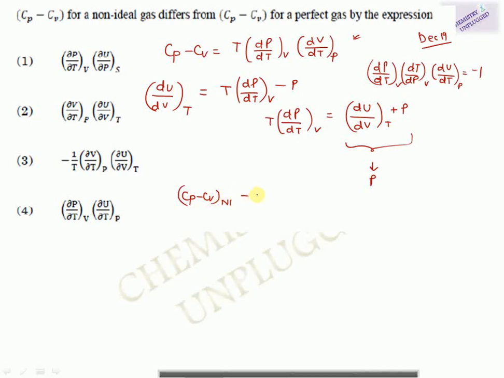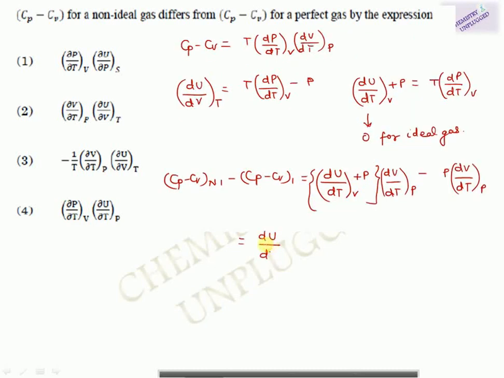So I will write it like this: Cp minus Cv for non-ideal gas minus Cp minus Cv for ideal gas is equal to this. When we solve it, we can cancel these two functions, and we will get this one as the final answer, and it is in option 2. So this will be your correct answer.